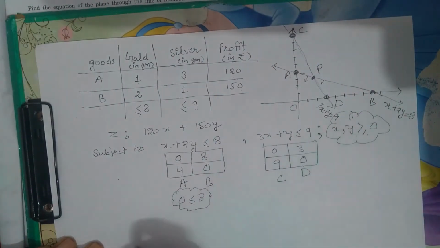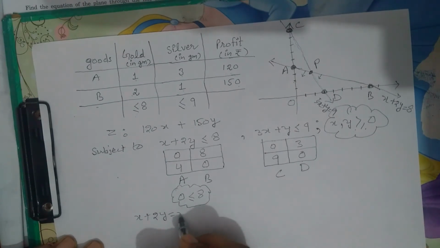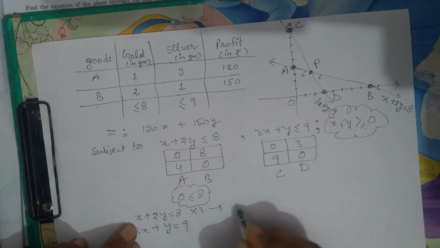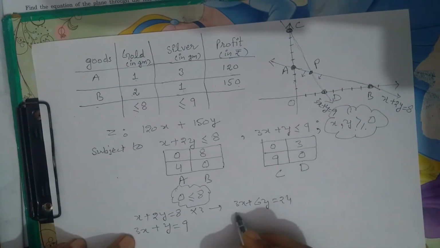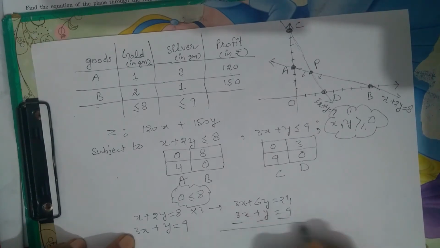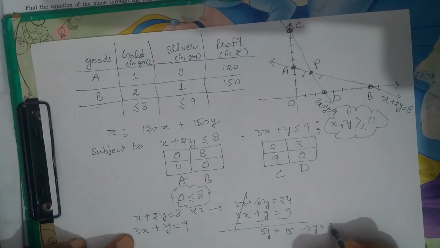This means we have to solve these 2 lines: x plus 2y is equal to 8 and 3x plus y is equal to 9. Multiplying the first equation by 3, we have 3x plus 6y is equal to 24 and 3x plus y is equal to 9. Subtracting, we have 5y is equal to 15, that means y is equal to 3.